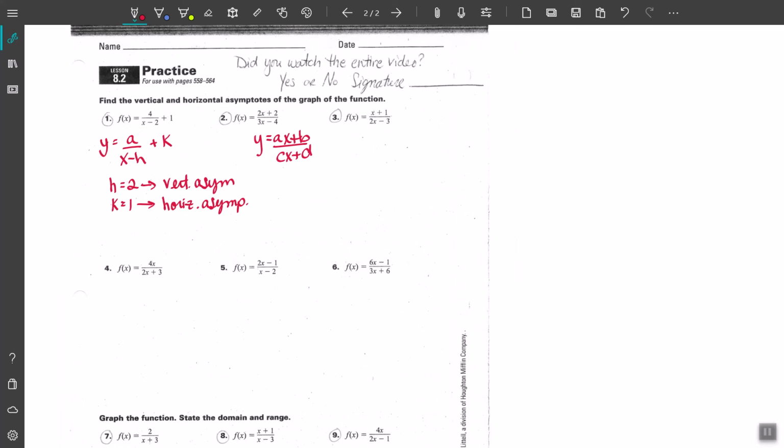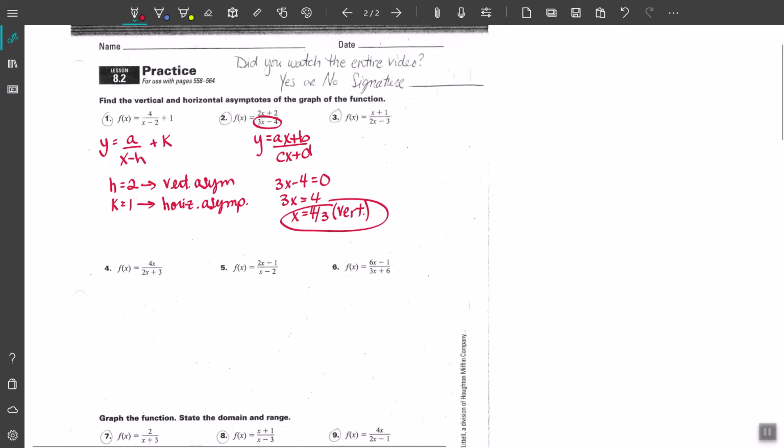Now to find our vertical asymptote, we're going to take the denominator, the cx plus d, which is this right here, and set it equal to 0. We'll end up with x equals 4/3. So our vertical asymptote is going to fall at x equals 4/3.